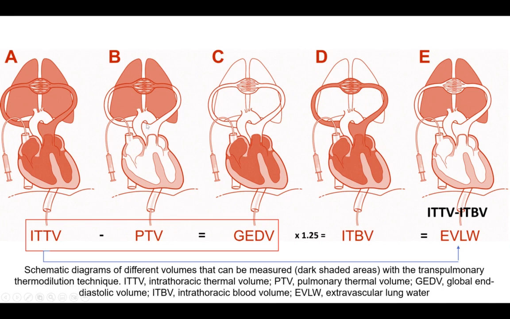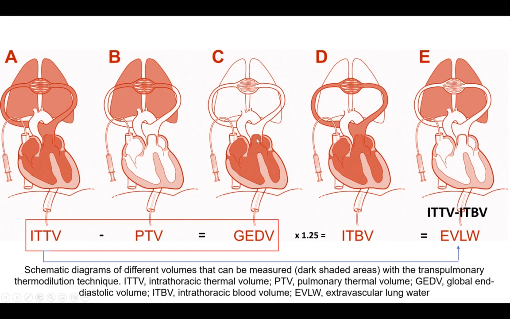Now, you can get information by looking at that dilution curve. You can get information about pulmonary thermal volume. And if you get the pulmonary thermal volume, you can subtract this from the intrathoracic thermal volume.